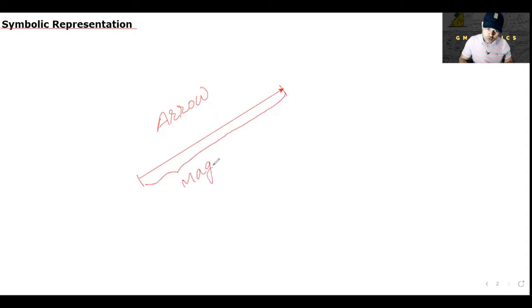So let's draw an arrow. So this arrow is used to represent a vector quantity. How? It must be able to represent both magnitude and direction. Let's see. The length of this arrow from its tail to its head represents the magnitude of the vector.